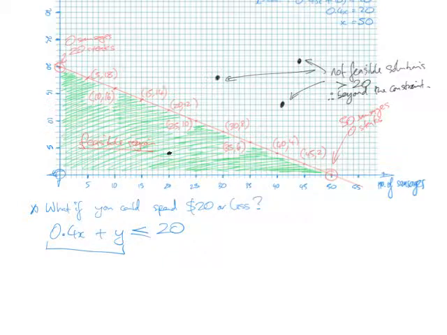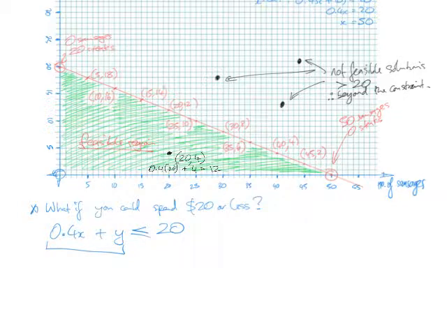So this would be 20 sausages and 4 steaks. What would the result of that be? Well, that would equal 0.4 lots of 20 plus 4 is equal to $12 spend. That's less than $20.